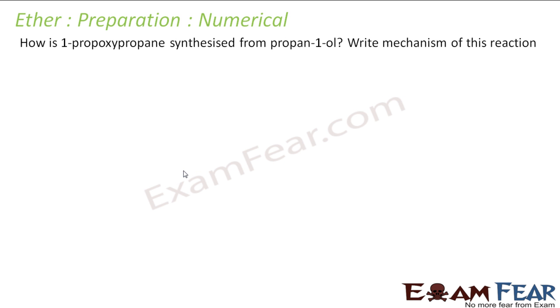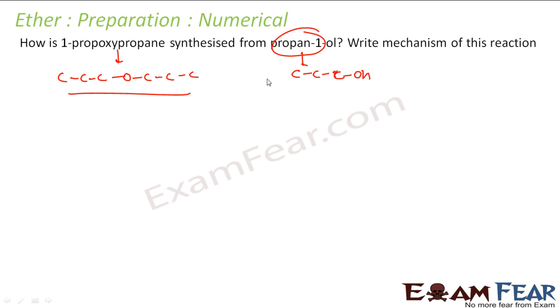The question is: is 1-propoxypropane synthesized from propanol? So propanol is my input, and this is 1-propoxypropane. I have to form this from this. If you see, if I just add these two and remove one water molecule, I'll get this.